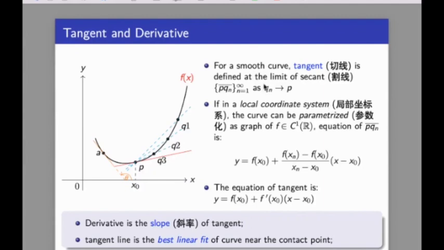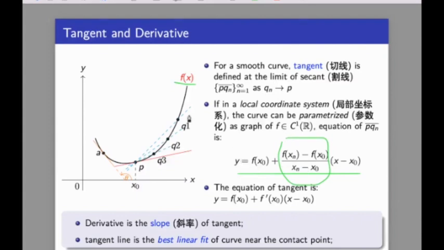Next, we'll begin our tour to Taylor's expansion starting from the geometry of derivative. For a smooth curve, the tangent line can be defined as the limit of secant lines. If the curve can be parametrized by a function f, the equation of the secant line can be written as follows, and we should focus on the slope.